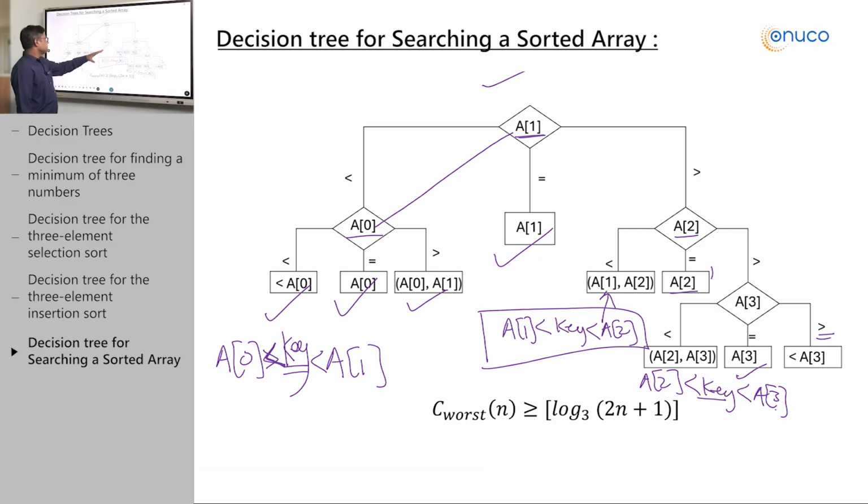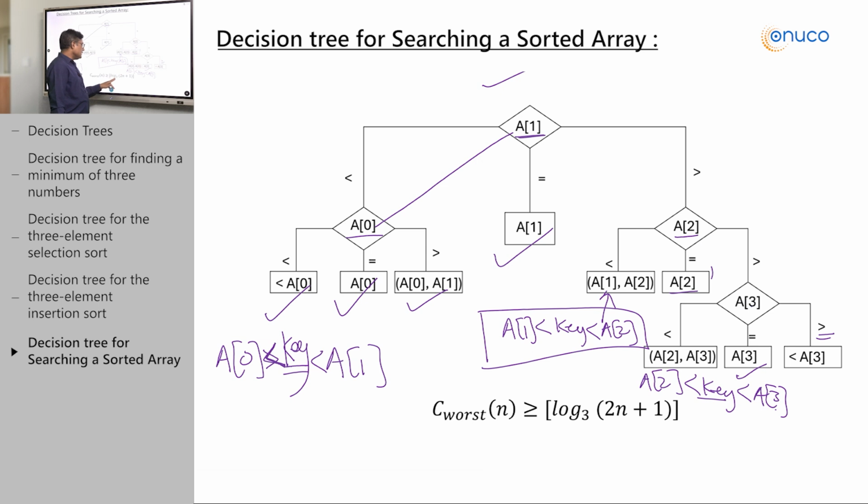So, this is basically, we have many outcomes, right, based on the number of comparisons at each and every step. So how many elements were in this? A of 0, A of 1, A of 2, A of 3, right? There are 4 elements we have represented over here. So we are going to say log base 3 of 2n plus 1, n is nothing but A of 0, A of 1, A of 2, A of 3, 4, 2 fours are 8, plus 1, 9.